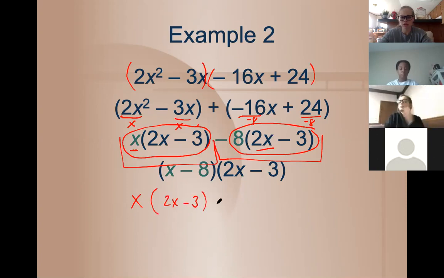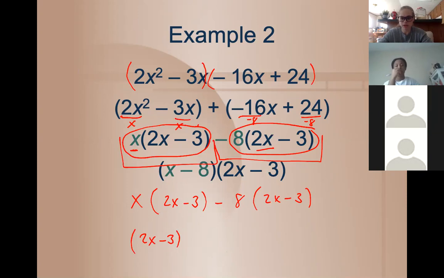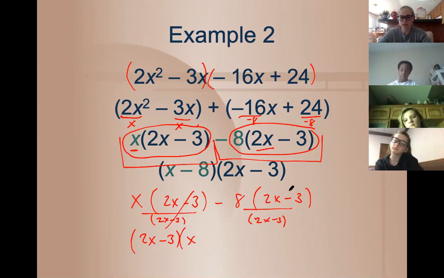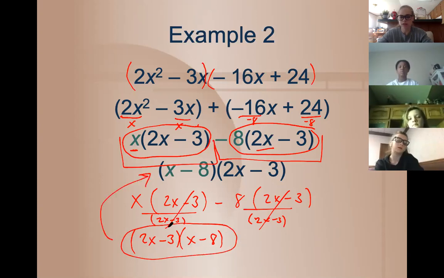How did I just get that answer right there? What is the same in both of these terms? I'm treating 2x minus 3 as one whole term, right? So therefore, I want to divide both terms by 2x minus 3. 2x minus 3 cancels out. I'm left with x. 2x minus 3 cancels out. I'm left with minus 8. 2x minus 3 times x minus 8, which is what they got right here. So I just factored out what was common between these two terms.